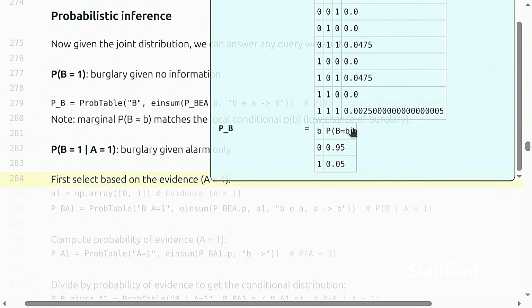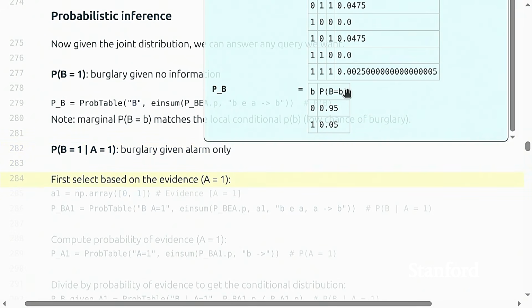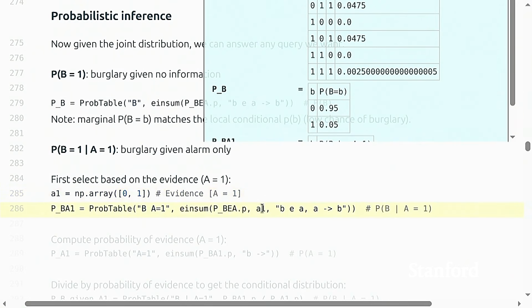So how do I do conditioning? We've done this before. We first select based on the evidence. The evidence says A is equal to 1. I'm going to multiply this selection tensor A1 into the joint distribution.